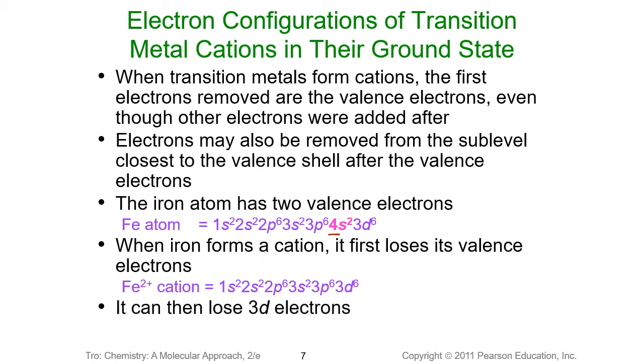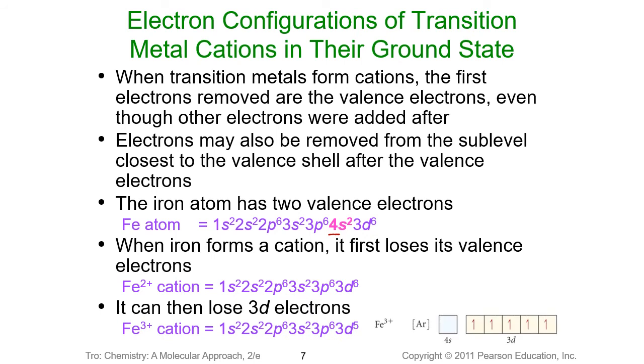If we form a +3 charge, then we start removing d electrons. So in the case of a +3 cation, we would remove one of the 3d electrons. This is part of the reason why transition metals frequently have a +2 charge.